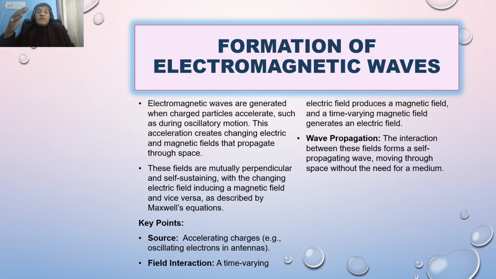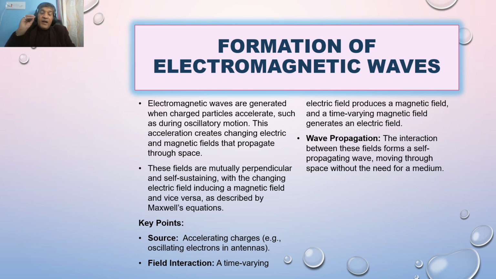So these are some basic points regarding the formation of electromagnetic waves. I repeat once again because it is very important: the time dependent, oscillatory electric and magnetic fields, from a charge in motion having acceleration, with time dependent properties, are responsible for producing the electromagnetic wave in nature.